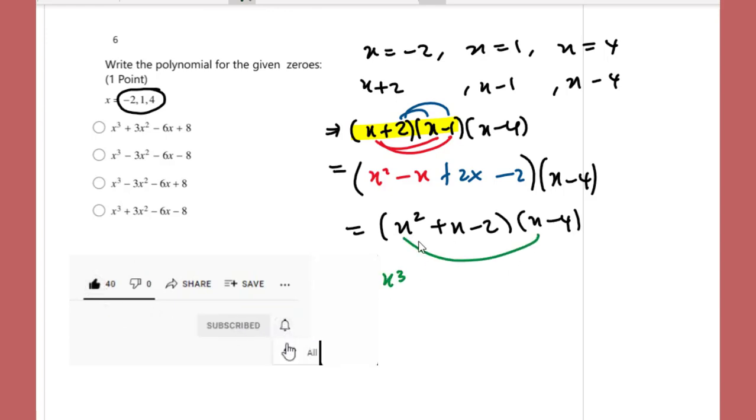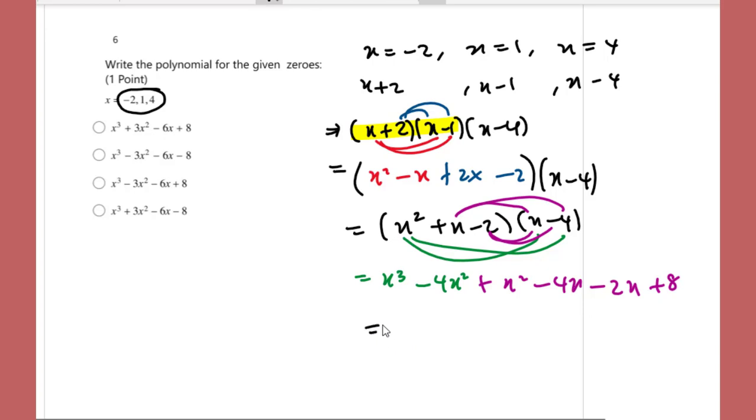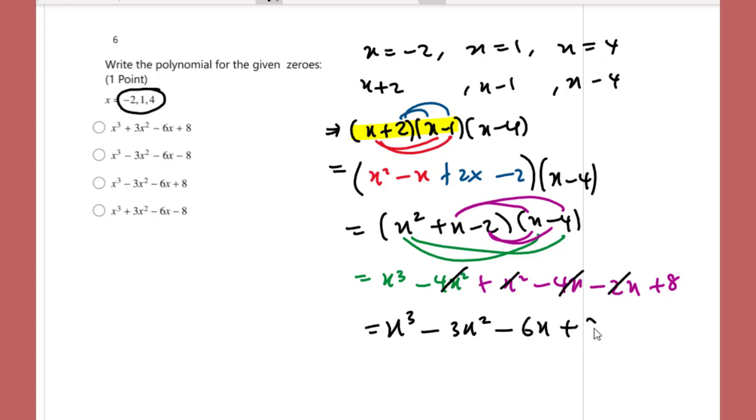x cubed minus 4x squared. The second term, plus x squared minus 4x. Then the third term is negative 2 times x, negative 2x, negative 2 times negative 4x, plus 8. Simplify: x cubed minus 3x squared minus 6x plus 8.